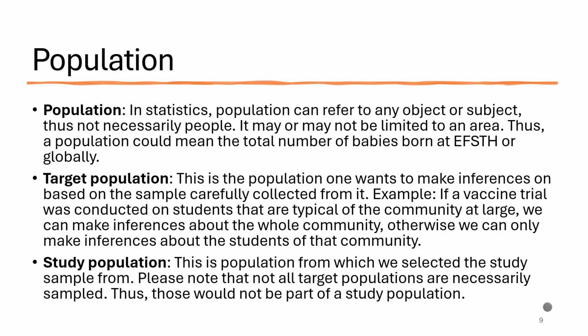So if women from Banjul are similar to all women in the Gambia, then we can use that study population to make inferences about the target population, which is all women in the Gambia. But if the women in Banjul are atypical of all women in the country, we can only make inferences about that particular study population, which is just the women in Banjul.